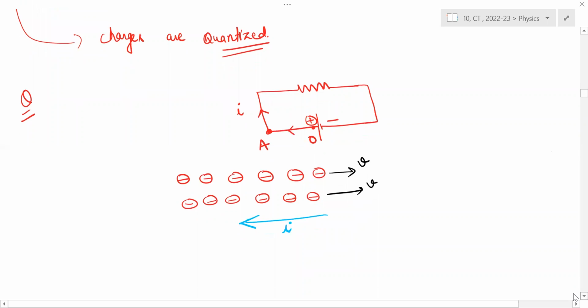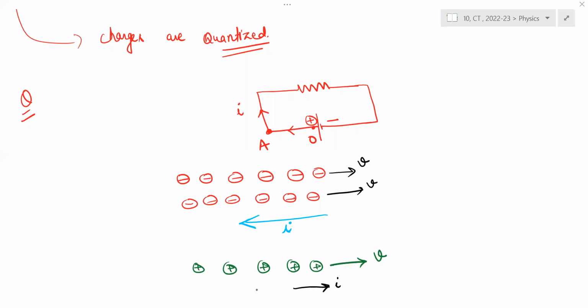If plus charges are moving in this direction, in which direction will the current be? Towards the positive direction, the same direction. Any doubt?